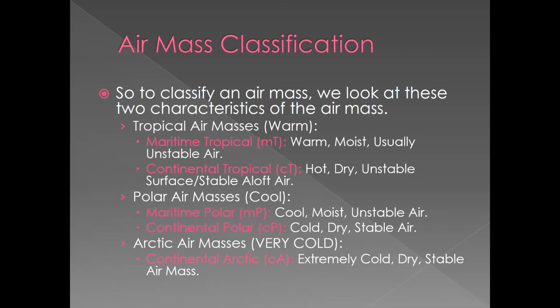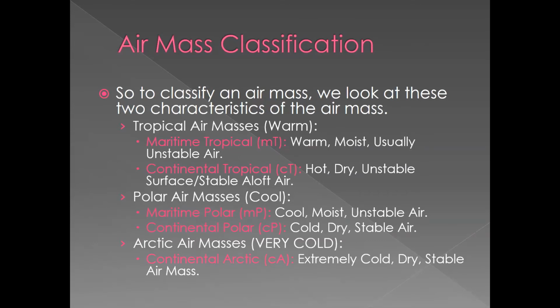That's the reason why I use the word warm for maritime tropical air mass, because warm doesn't really define extreme heat. A warm air mass isn't going to be 110, 120 degrees Fahrenheit. A warm air mass is going to be something more in the 70s and 80s, maybe low 90s, but not really more than that.